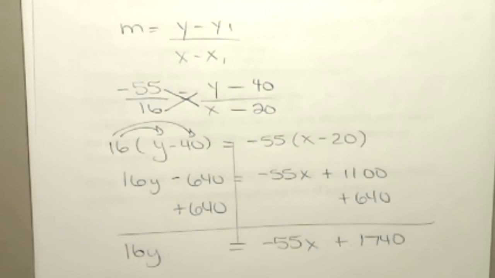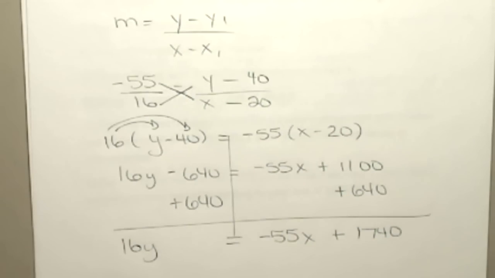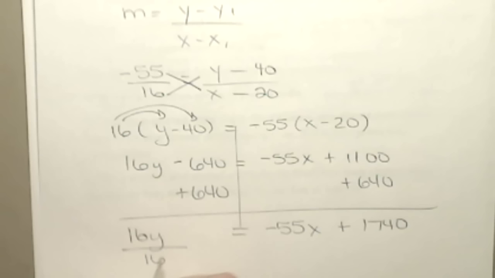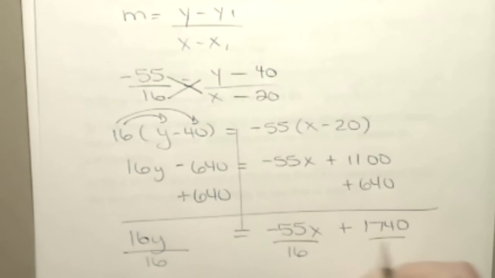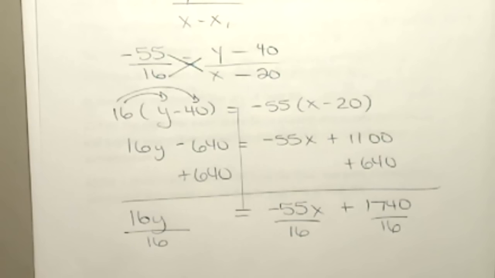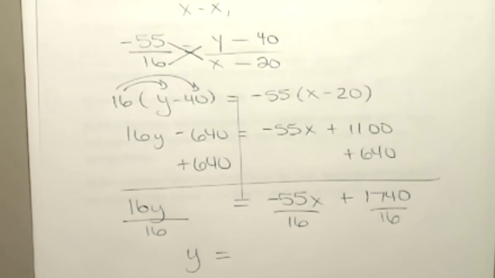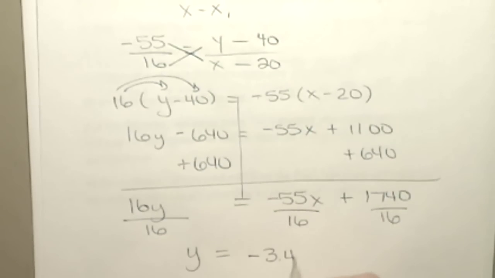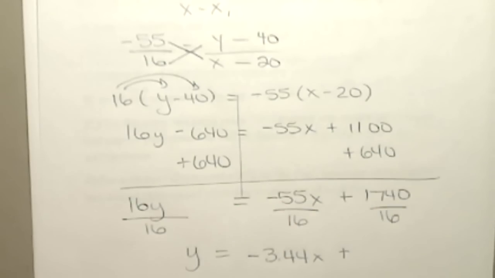Now, in this case, since I'm giving exam scores and number of classes missed, I'm going to be rounding. I'm just going to go ahead and divide this all by 16 to solve it for y. So my slope and y-intercept will be as decimals, which are appropriate for this situation. 55 divided by 16, let's go to the nearest hundredth, negative 3.44x.